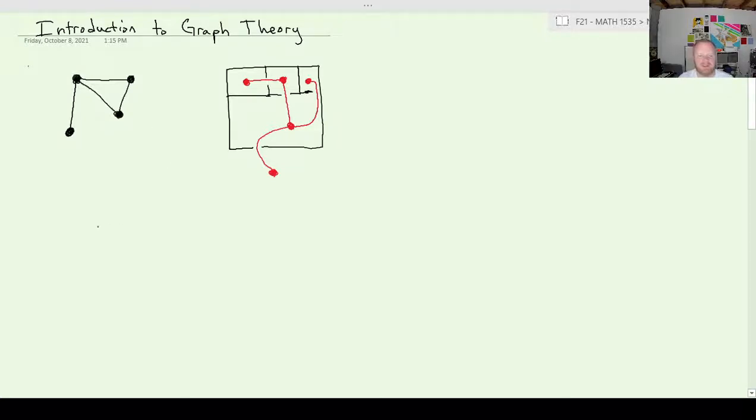So as an example, if I draw this graph, right, this graph where I connect the pieces like this, I've got 1, 2, 3, 4 vertices and 1, 2, 3, 4 edges here.